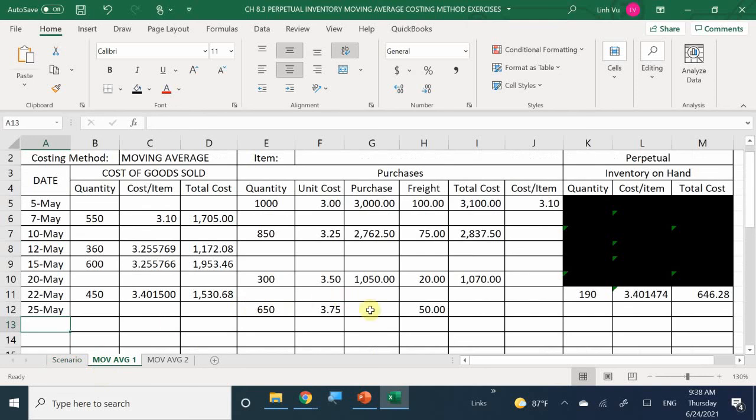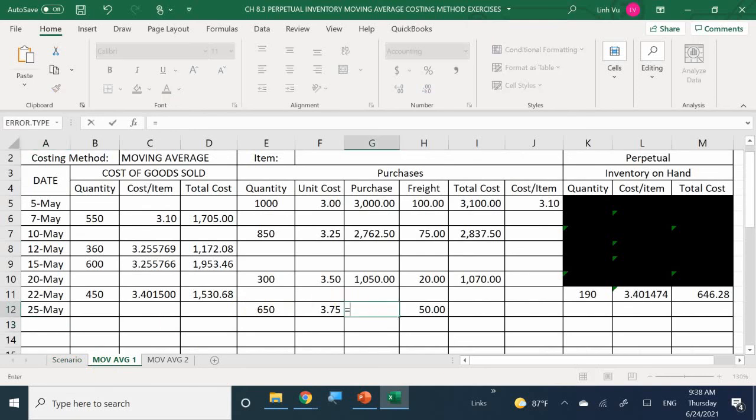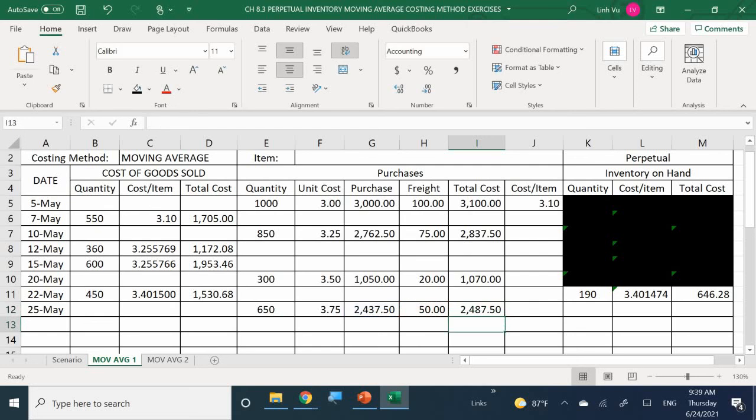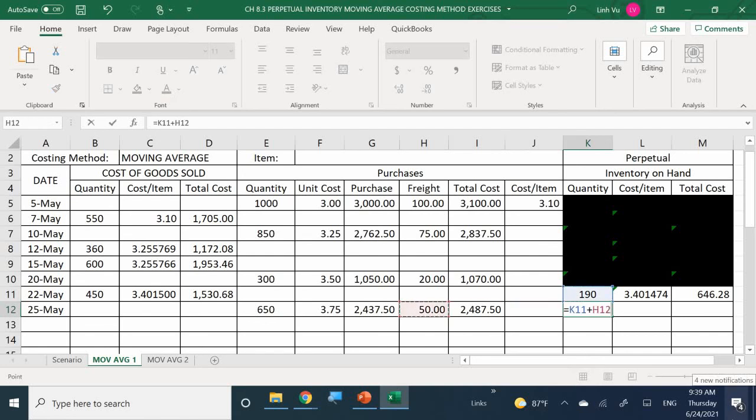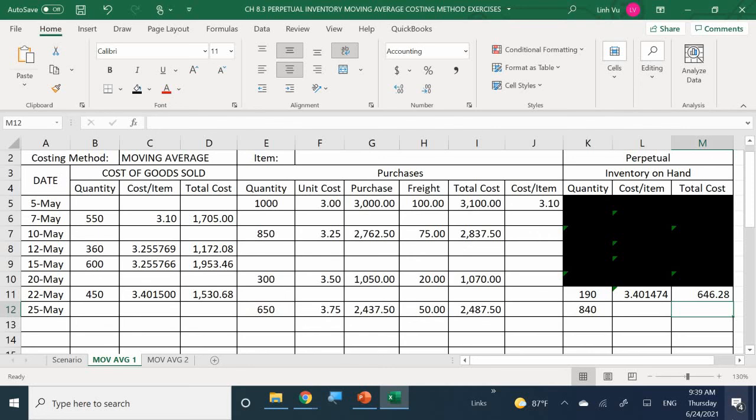All right, so what's my purchase price here? 2,437.50. Good. Plus 50, 2,487.50. Good. So now we need to update our inventory, because now we made a purchase of inventory. So I'm going to add my numbers together. What is my new quantity? 840. Good.